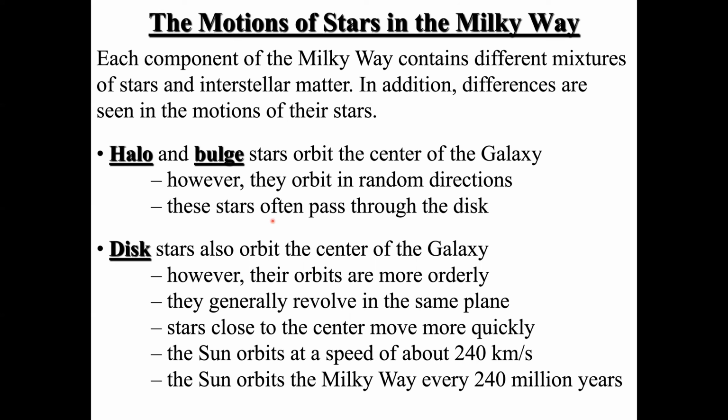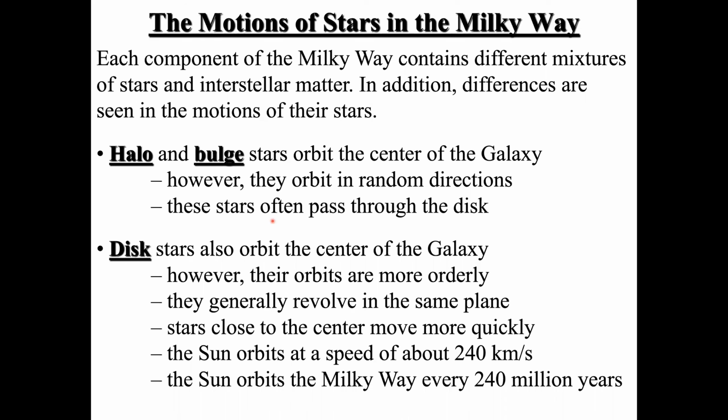And the other thing is that stars very close to the center of the galaxy move faster compared to the other parts. If you look at our own sun, it has an orbital speed of 240 kilometers per second, right? Just think about it, we have our own sun that we think is so stable.